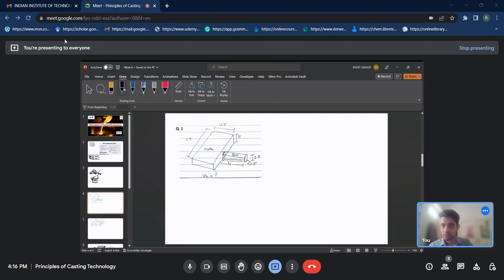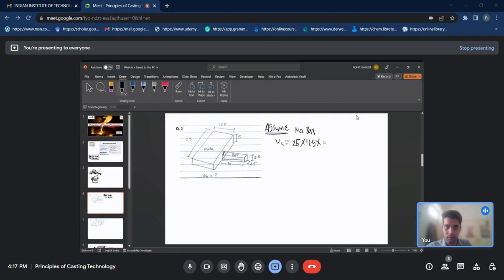The procedure is, firstly, for the volume of the casting, we will first assume that there is no bar. If there is no bar, our casting will be a cuboid, so we can directly find the volume.